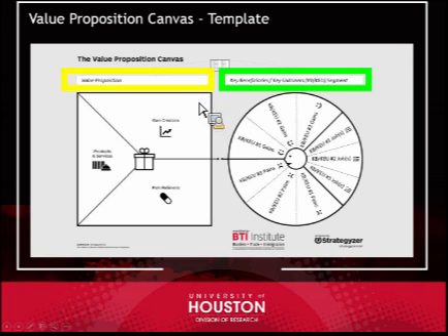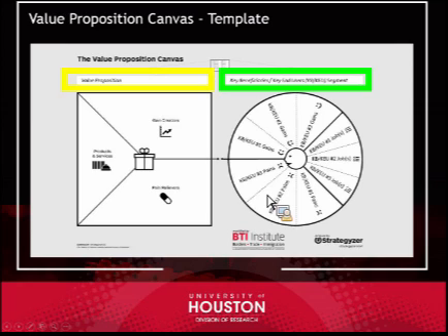The other half of this value proposition canvas is the value proposition itself. And this is a place which will probably be much more comfortable and familiar to you all, because this is the piece where you articulate your products and services. And you articulate the features associated with those products and services, things called gain creators and pain relievers. And so the difference between the two is the key beneficiary piece of this template should be coming from your end users.